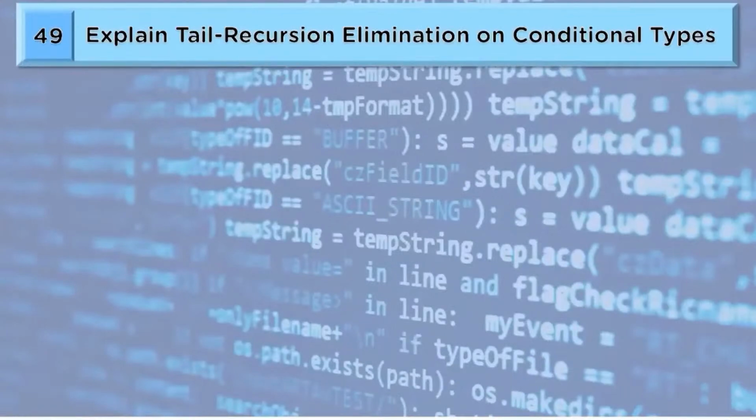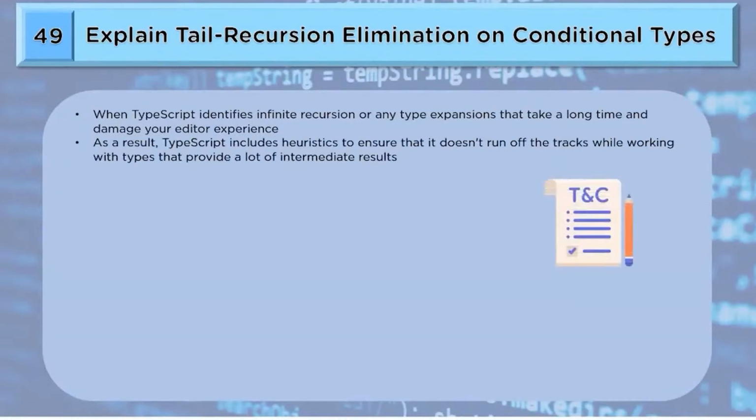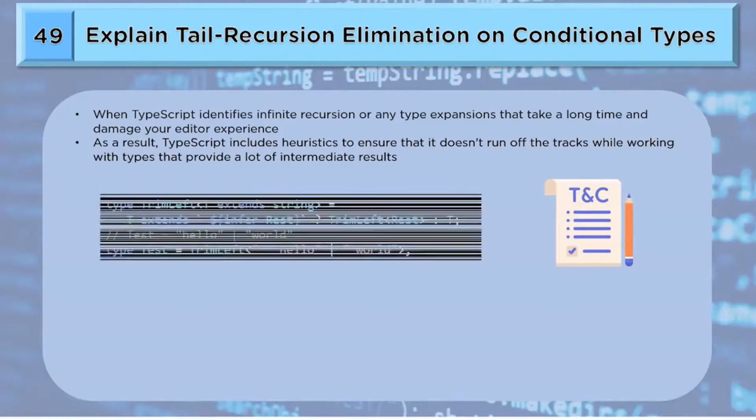Explain tail recursion elimination on conditional types. TypeScript identifies infinite recursion or any type expansions that take a long time and damage your editor experience. As a result, TypeScript includes heuristics to ensure that it doesn't run off the rails while working with types that provide a lot of intermediate results.